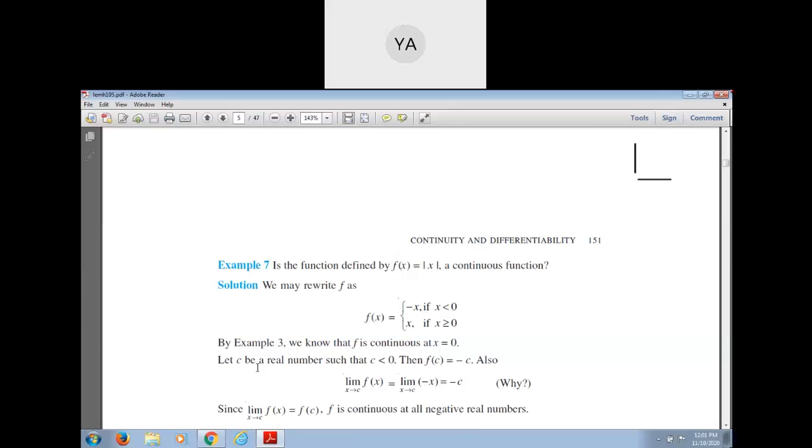It is positive c, because c is greater than 0. So according to the definition, we get f of c is plus c. And now can you tell me, as x tends to c, what f of x will be?